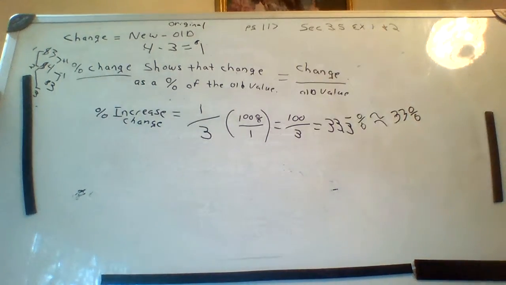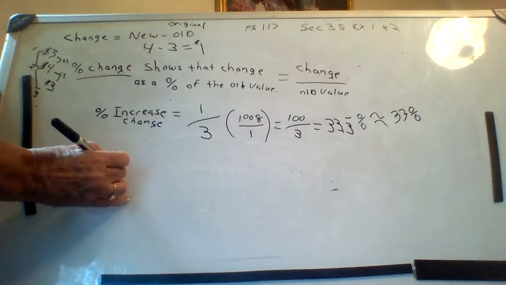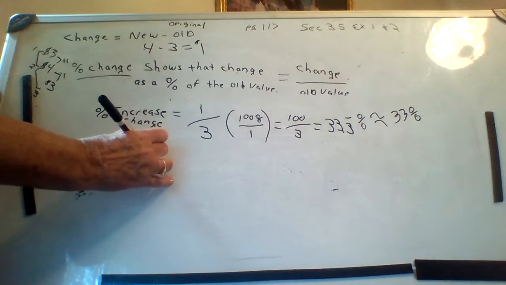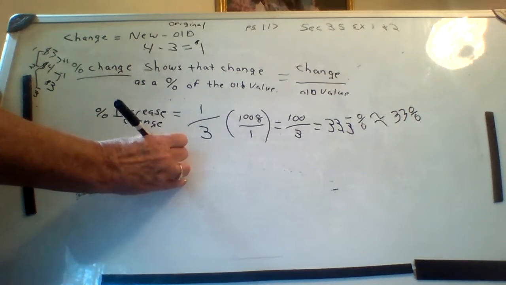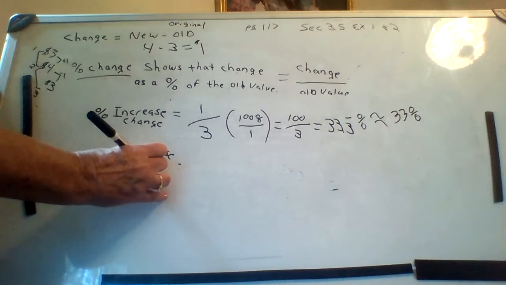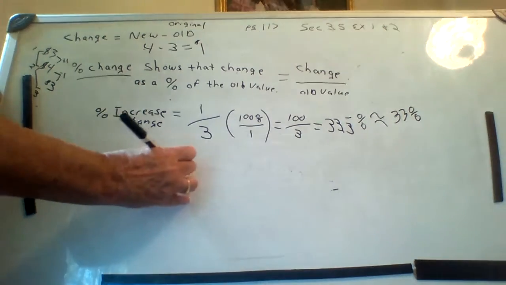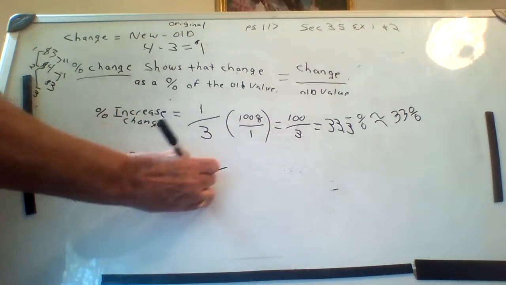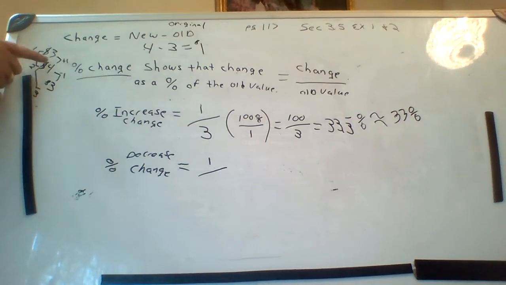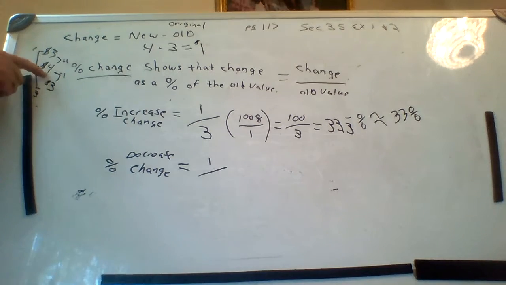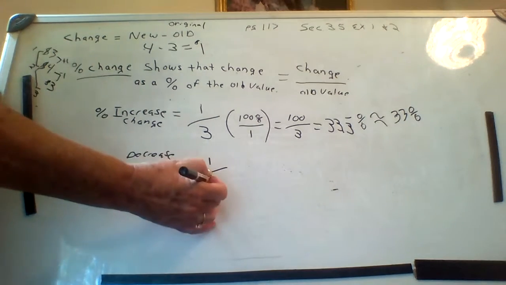Now let's look at the decrease. So now they're asking for the decrease percent change. Well, the change was still $1, so it just decreased by $1. The original amount, from here to here, is the $4 amount.